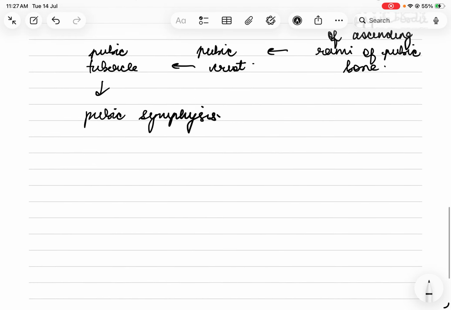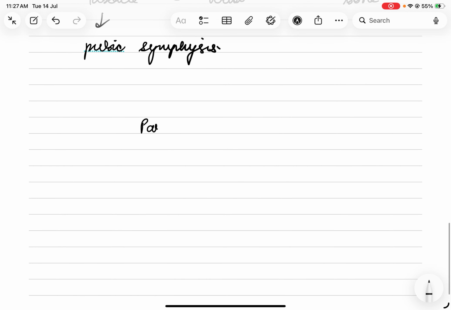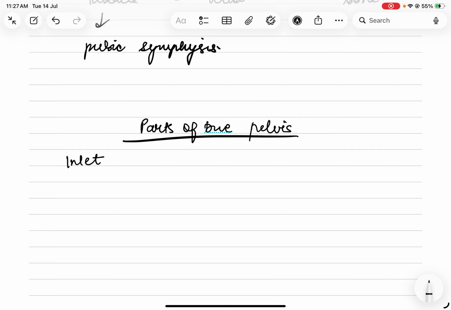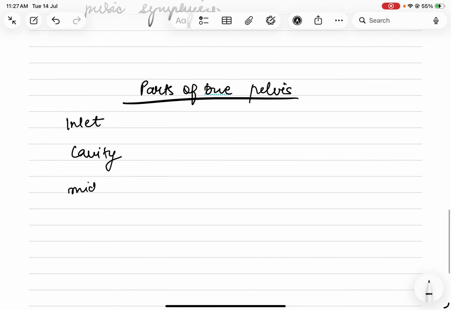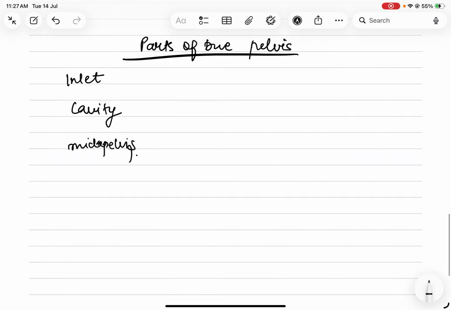Now parts of true pelvis. There is going to be inlet, there is going to be cavity, there is going to be mid pelvis. And there is going to be outlet.